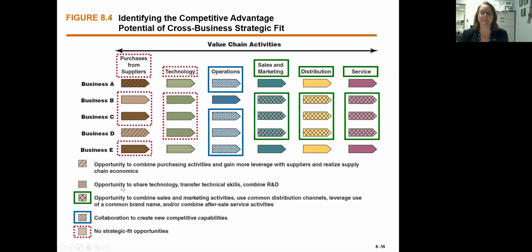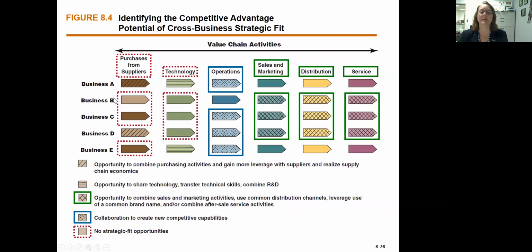So the lines are indicating different things. These diagonal lines indicate an opportunity to combine purchasing activities to gain more leverage with suppliers and realize savings. Okay, so business D and business A have those economies of purchase. But if you look at the red dotted line around it, it says there are no strategic fit opportunities.